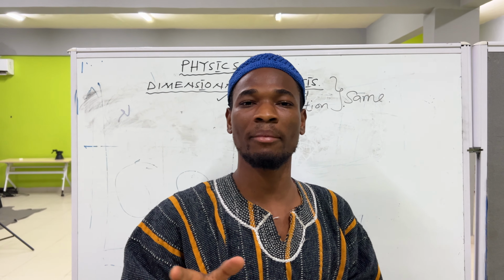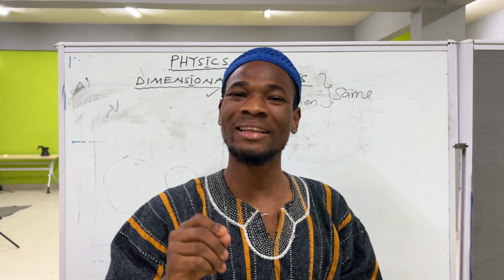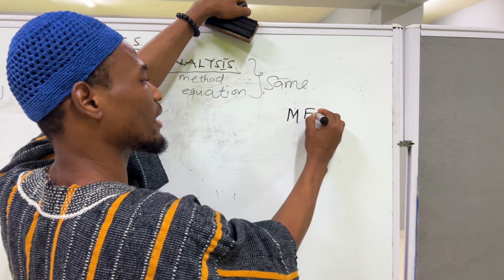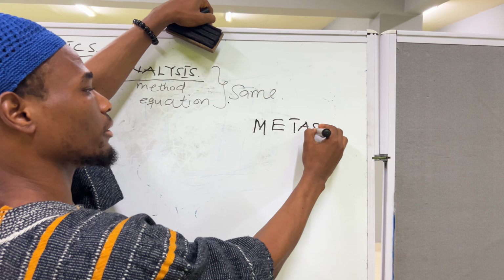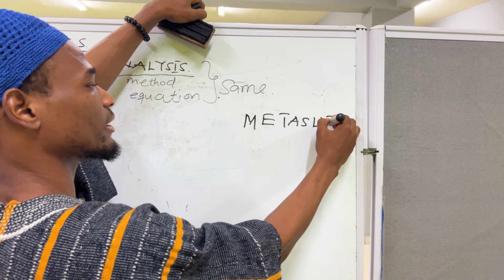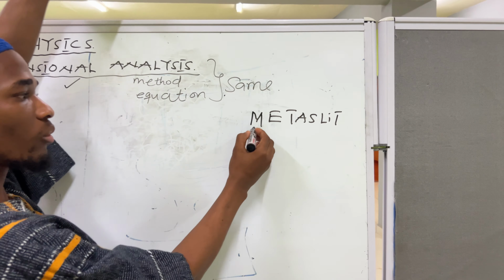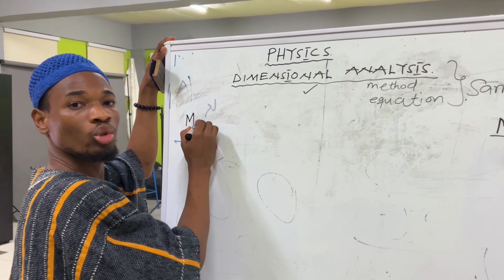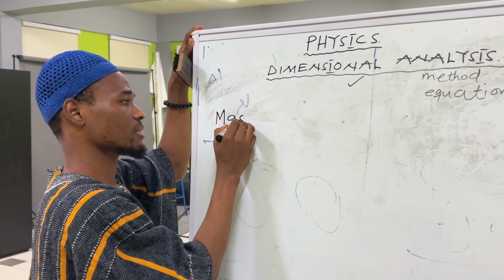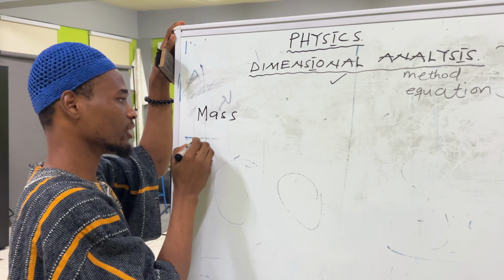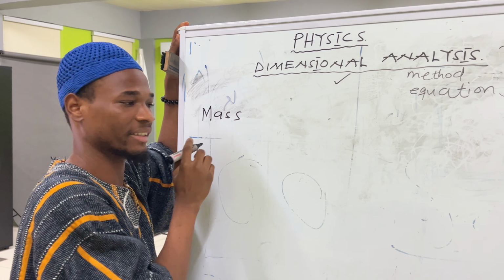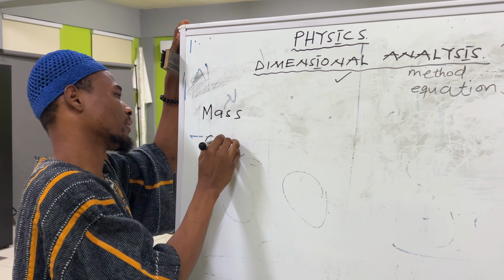One way to remember them is using the acronym META-SLIT. So we have META-SLIT. My M here denotes mass. My E denotes electric current, so in short, let me write current over here.